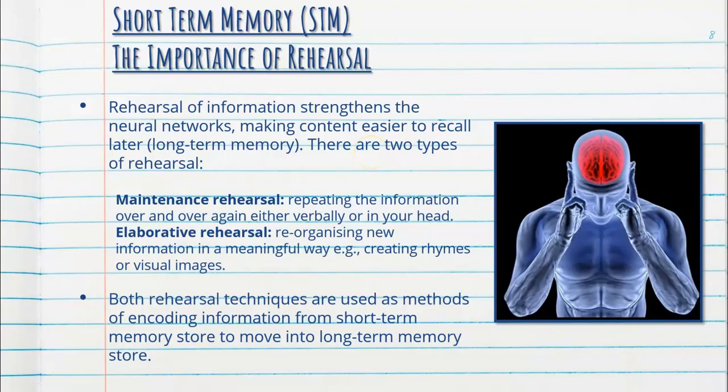There's also elaborative rehearsal, which means reorganizing new information in a meaningful way, for example, creating nursery rhymes or visual images, etc. So we elaborate on the information that's in our heads already. Both rehearsal techniques are used as methods of encoding information from the short-term memory store to move into the long-term memory store.